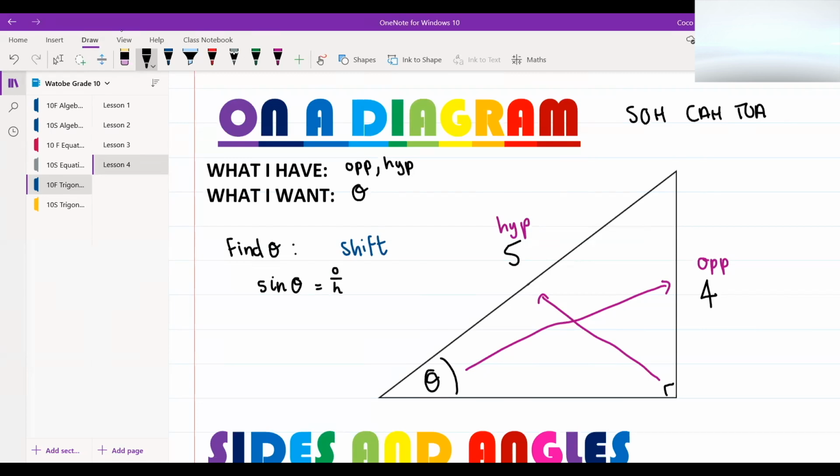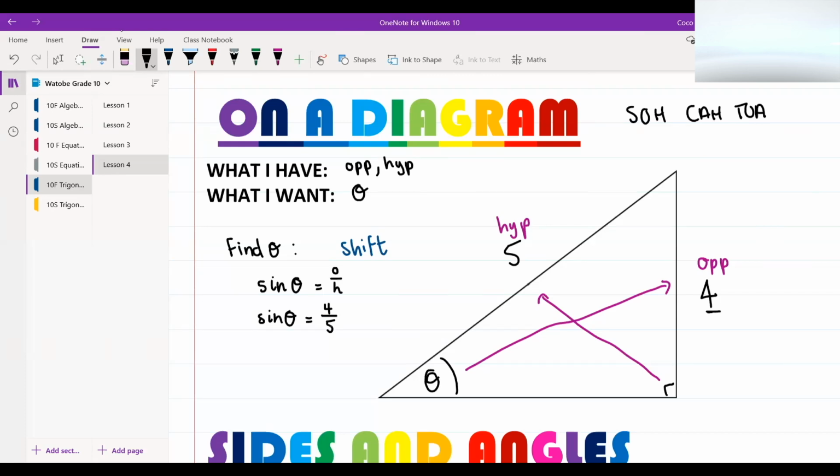So sine of theta is equal to my opposite, which is 4, divided by my hypotenuse, which is 5. But I'm looking for my angle. So I need to click shift sine of 4 over 5. Yes, the shift tango.